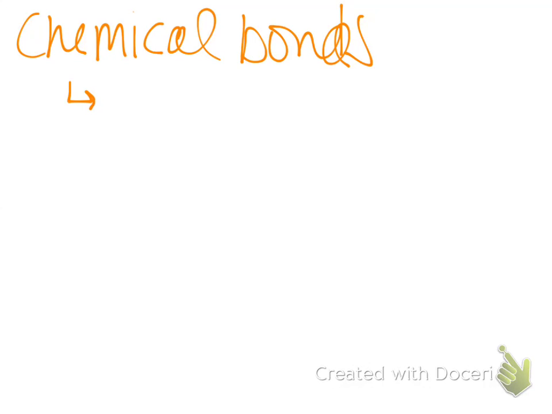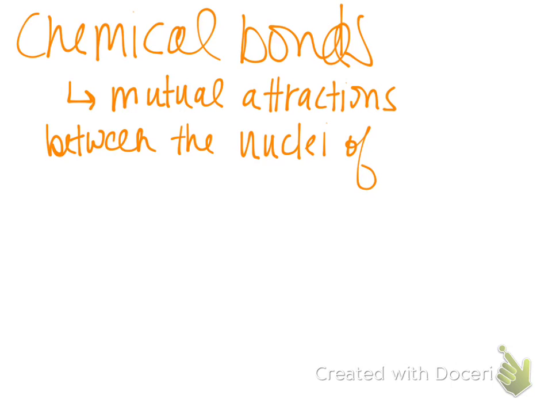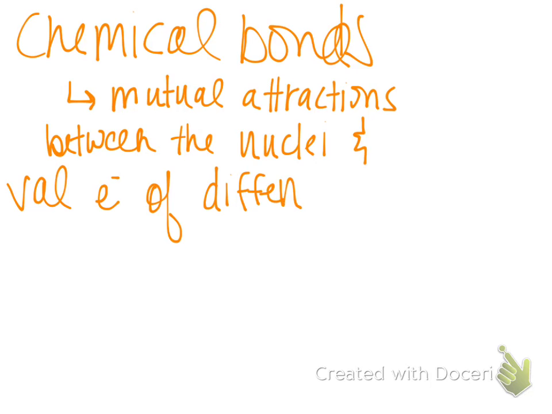Okay, so chemical bonds are mutual attractions between the nuclei and valence electrons of different atoms.